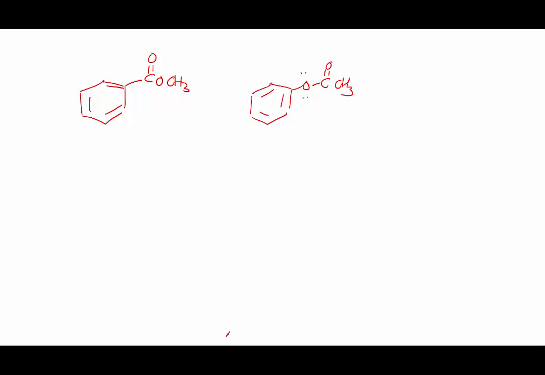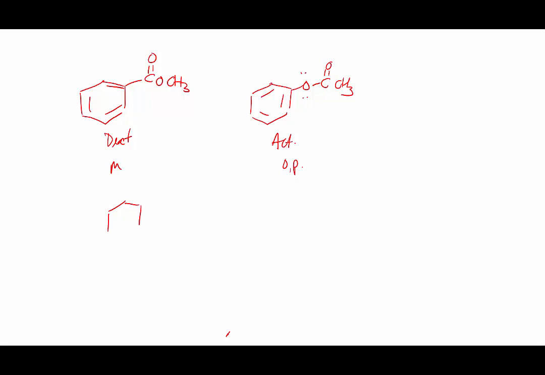It's now an X with lone pairs, and so that oxygen is now going to act as an ortho-para director. That ring is activated. This group on the right is activated. The group on the left is deactivated. This one's going to be meta, and this one's going to be ortho-para. So we need to be careful as to what group is directly attached to the ring.